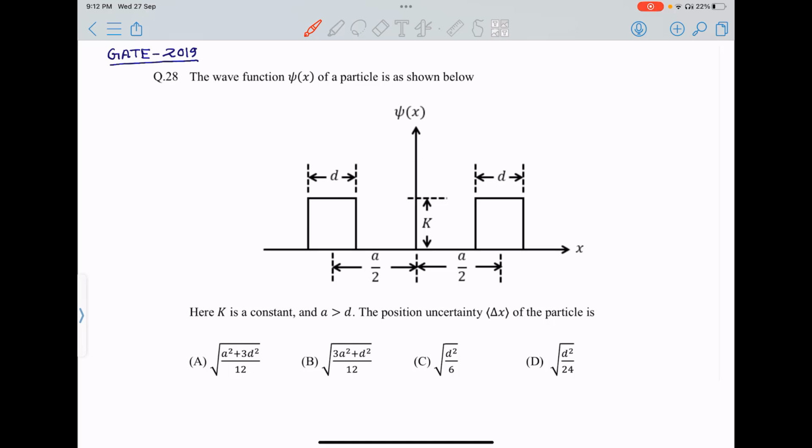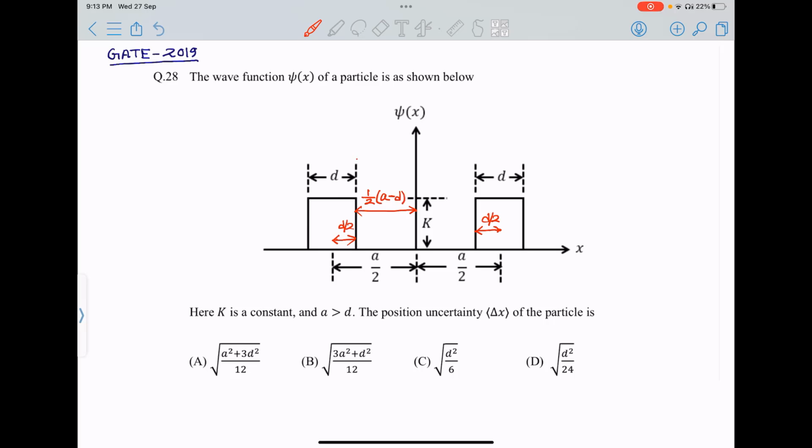So this distance in the diagram is d by 2 because the whole distance is d. Similarly, this distance is d by 2. So I can say that this point is a by 2 and this is d by 2. So the distance between these two is half of a minus d.